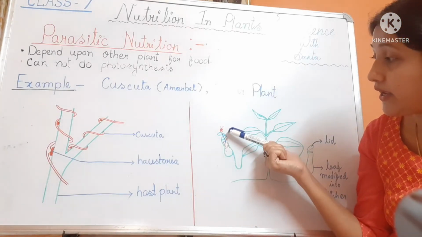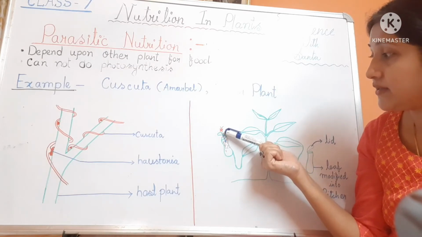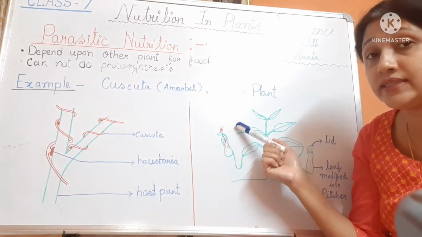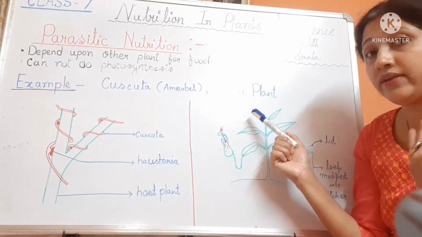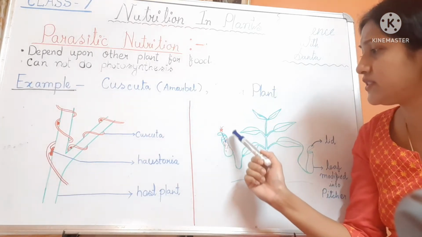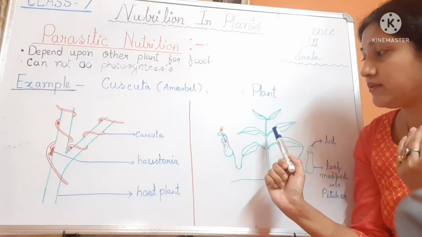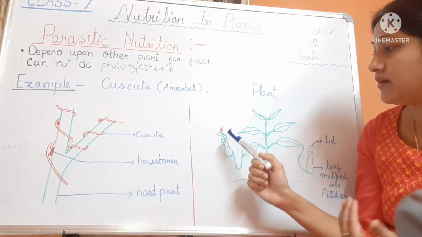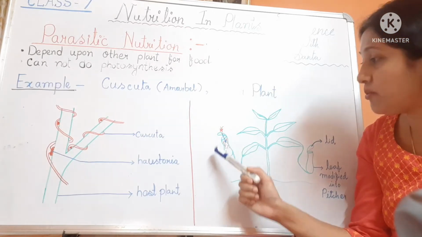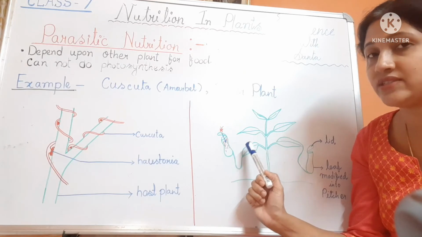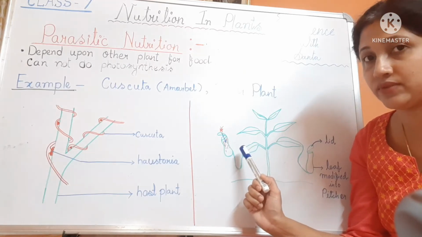Insects are attracted towards it because of its vivid color. It is a very deep colored structure with so many colors in it. That's why insects generally get attracted towards it.